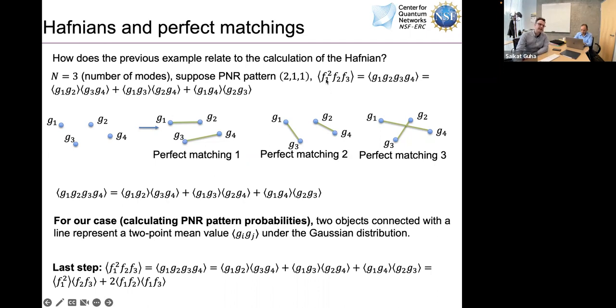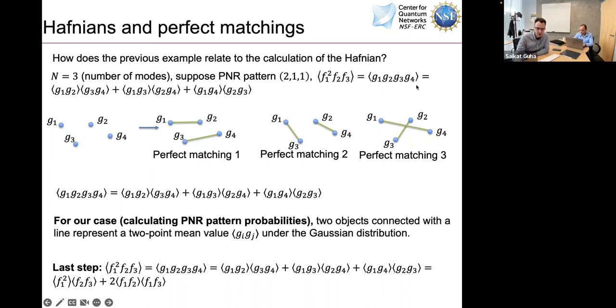Well, there is a small trick here because I have powers on top of my F object. I have it 2 times. So to apply Isserlis's theorem correctly, I have to relabel. I have F1, F1, F2, F3. Now I will call F1 to be G1, and the other F1 I will call G2. F2 is G3, and F3 is G4. So I want to say that I have 4 objects here, not 3, because that is in the power of 2.